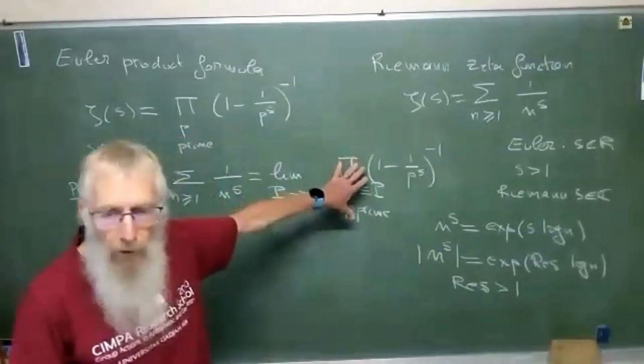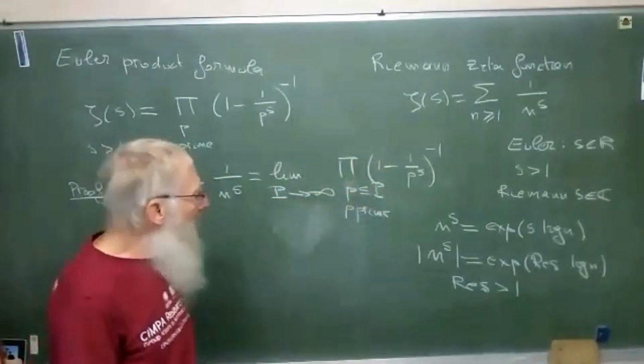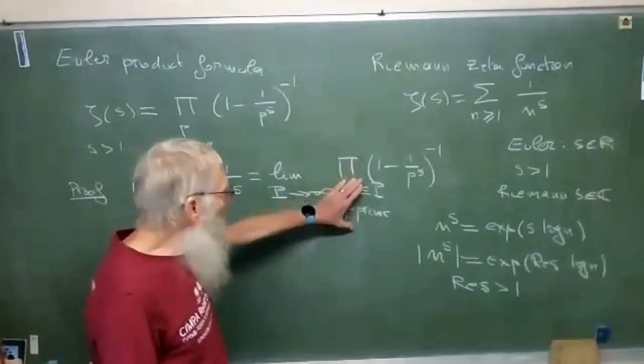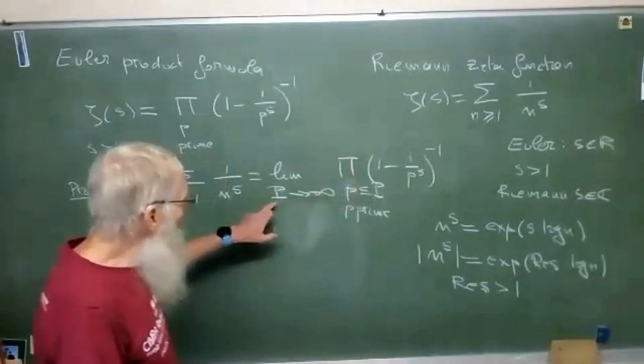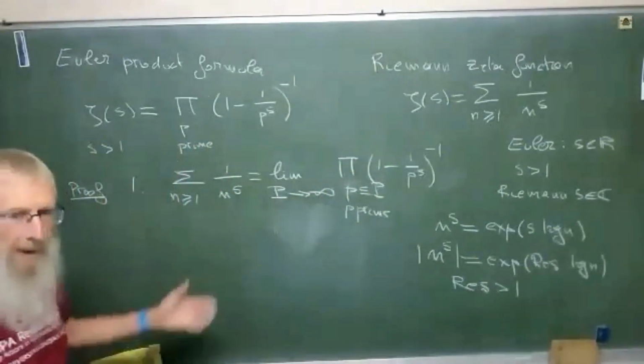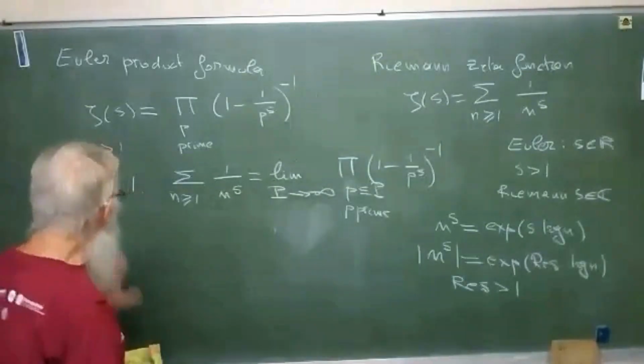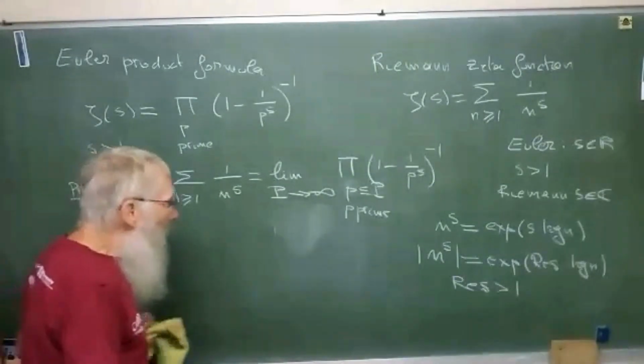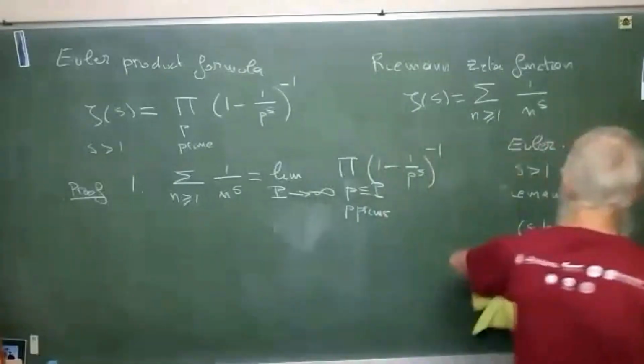This is a finite product, so you know what it means. We have a finite product depending on capital P, and we take the limit as capital P tends to infinity. So this is the first step.